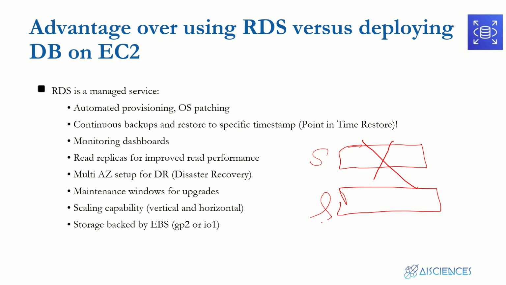So that is how we have this multi-AZ setup, right? Then we have maintenance windows for upgrades, right? And we have the scaling capability in it, both vertical and horizontal as well. And the storage is backed by EBS in gp2 or io1 format.